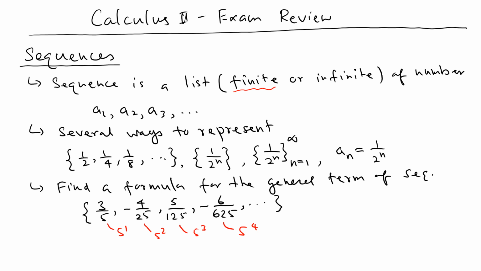Now the thing is that you're going to pick an index. It's just up to you how you're going to index it. You can index it from 0, you can index it from 1. Let's say you're going to index it from 1.